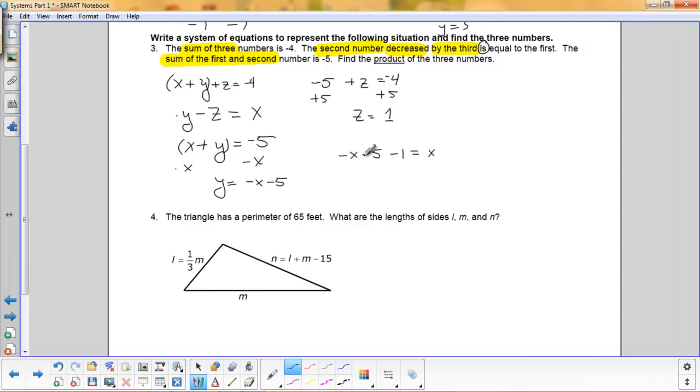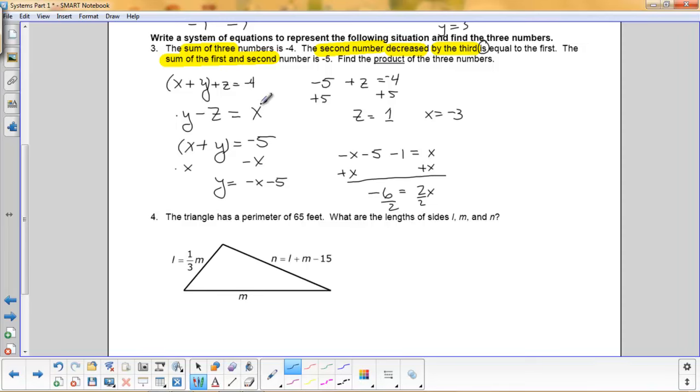So now I can move my x's to the same side, adding x here, giving me 2x. Combining my like terms, -6 equals 2x, divide by 2, and now I get x equals -3.